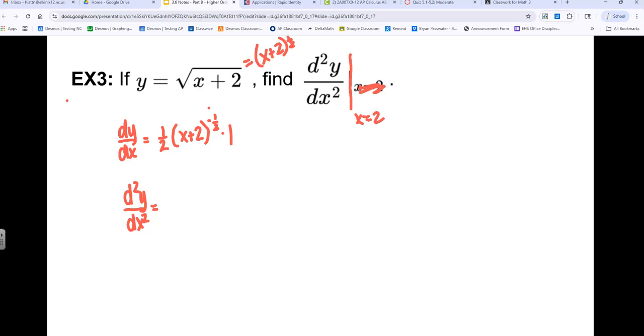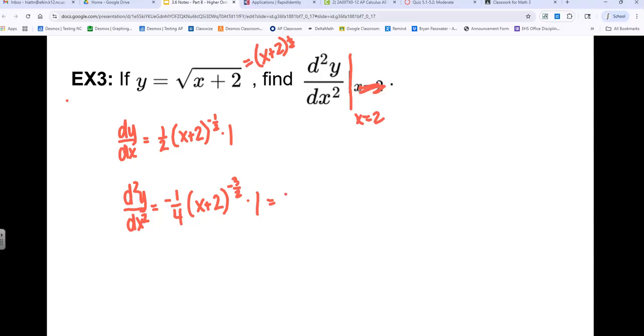So if I take the derivative again, I will get negative 1/4 x plus 2 to the negative 3/2, and then you're multiplying by the derivative of the inside, which is just 1. So you really don't have to write that 1 if you don't want. Now I need to plug a number in, so I would try to get rid of my negative exponent.